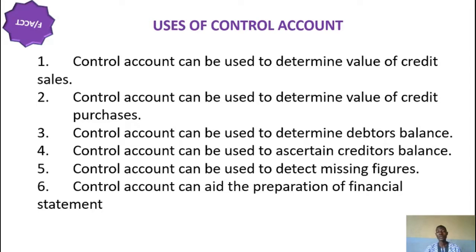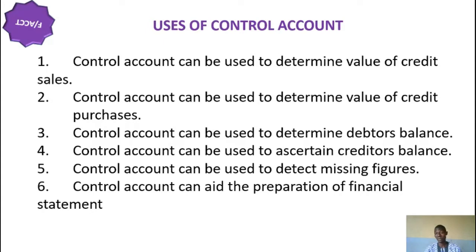Control account can be used to determine debtors balance. Maybe you sold certain products to your customers. You received cash from some, but some of them have not yet paid. So you can use control account to determine your debtors balance.